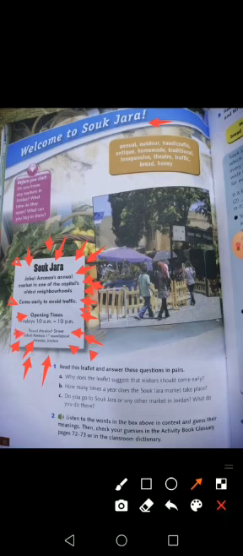Student, here we also have new words. Can you see? You have to know the meaning of those new words, so let us try to guess the meaning of those new words.